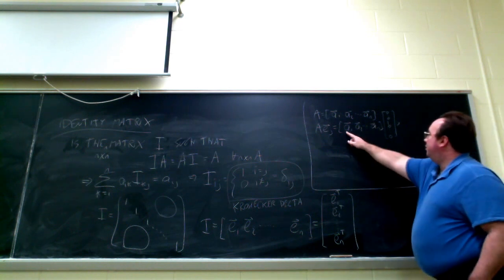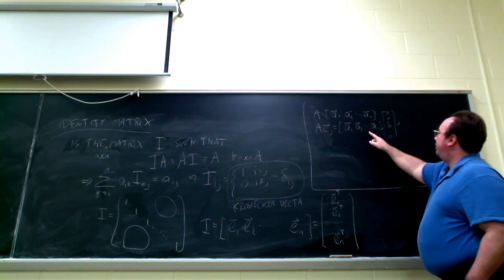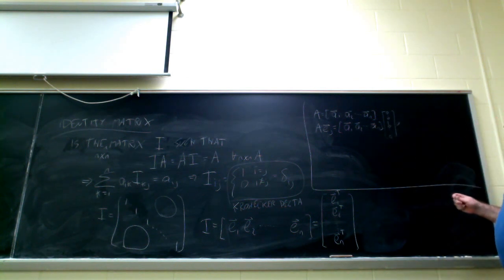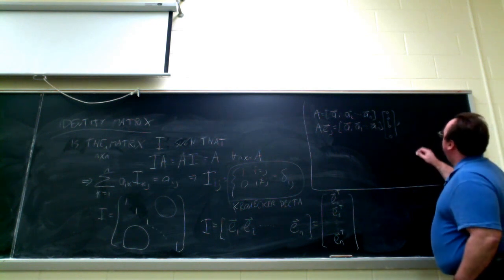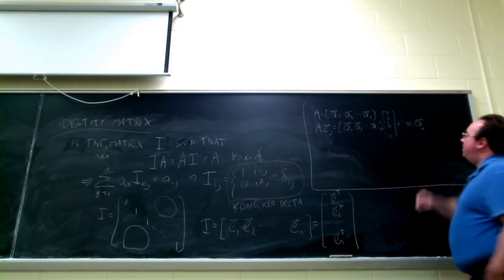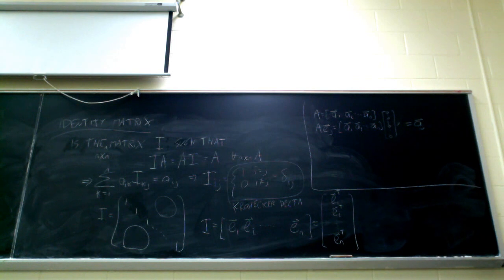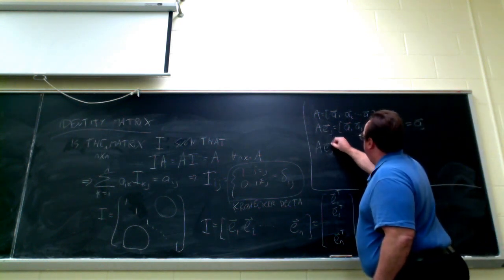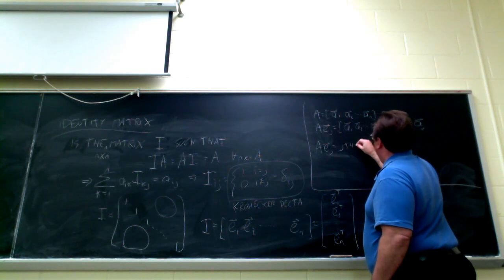But I keep multiplying entries of each row by 0 until I get to the jth column. So each element comes only from the jth column. So what I get is just a_j. So multiplying by e_j is a way of extracting column j of your matrix. So A e_j is always equal to the jth column of A.